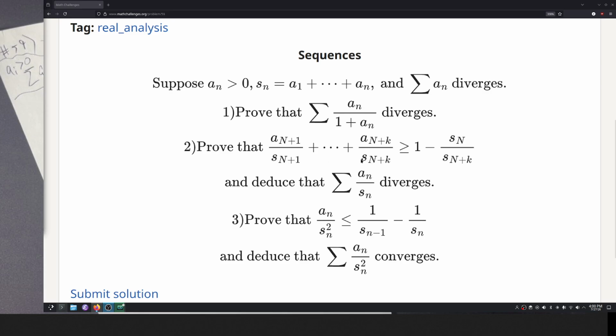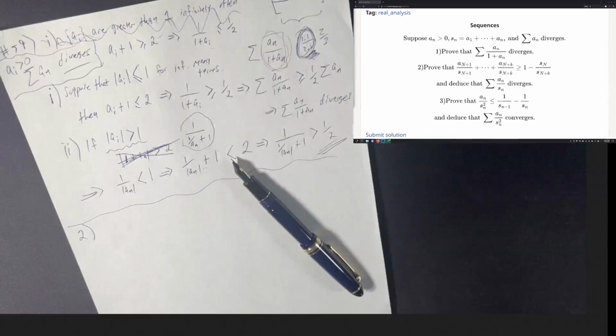Let's see, partial sum. Oh, that's not just the partial sum. Sorry. I don't know what it's called. I always call it like the Cauchy remainder, but that's not what it is. The tail end of your sum. If you start at n and you add up all the terms after that, the tail end of your sum is always bounded by some positive thing. That would be enough to show it's divergent because it's not a Cauchy series.